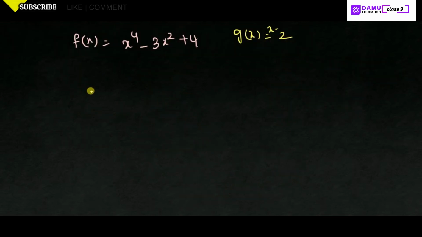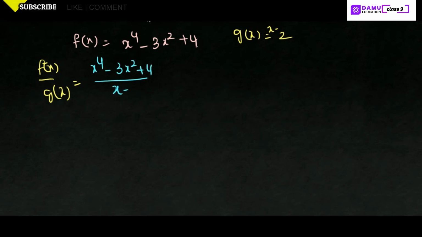So let's divide f of x by g of x, that is, x power 4 minus 3x square plus 4 by x minus 2. Then we have to check the remainder.